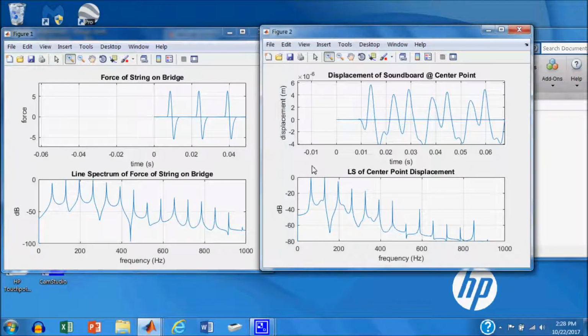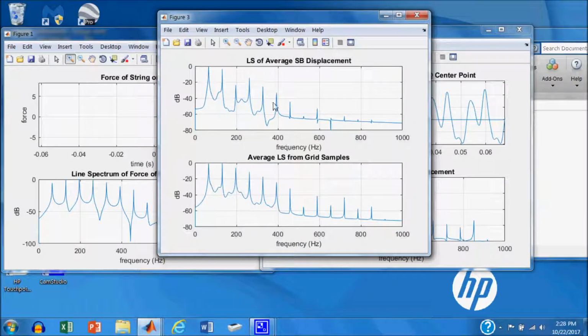Down here is the line spectrum of the displacement at that one point on the soundboard. And even here you can see the power tends to tail off pretty quickly as the frequencies go up, whereas we've got the power staying rather high, almost up to about 400 hertz. I'm plotting the line spectrum in decibels versus frequency.